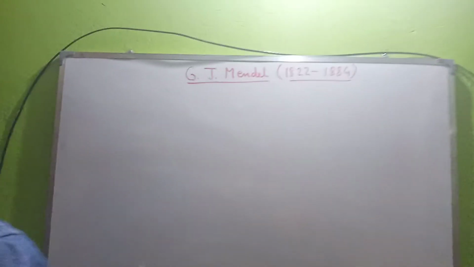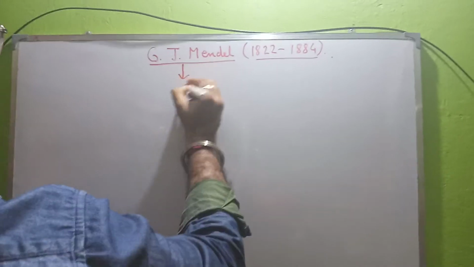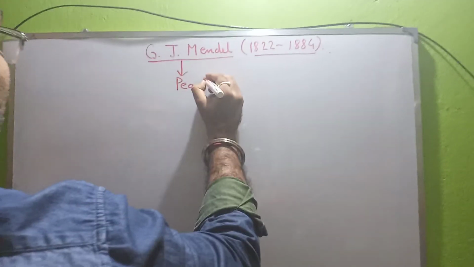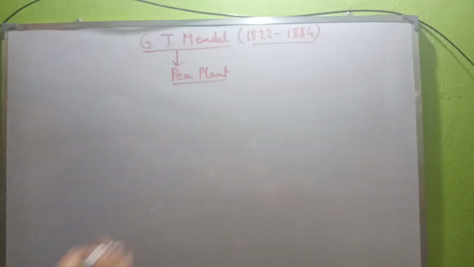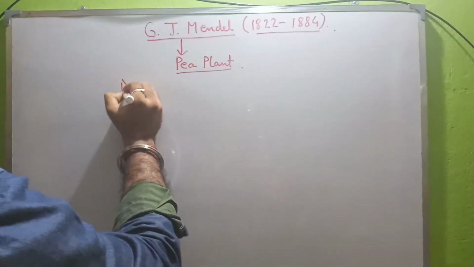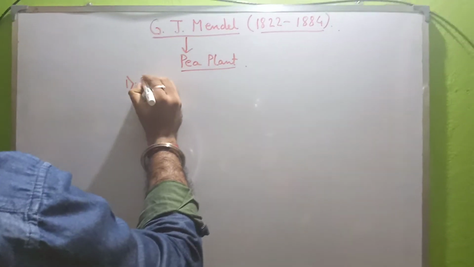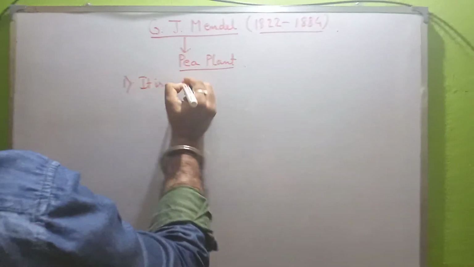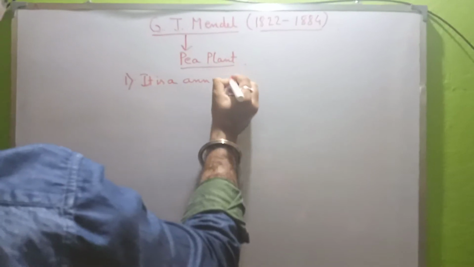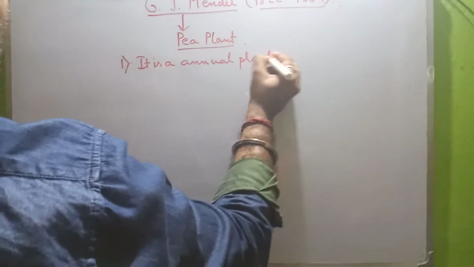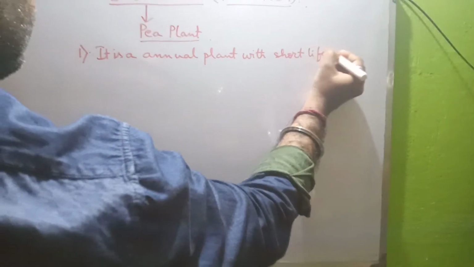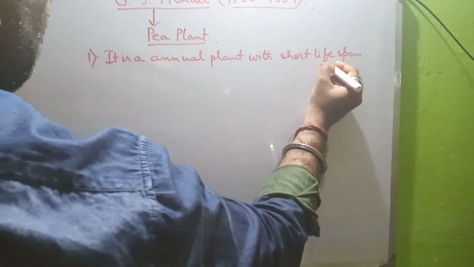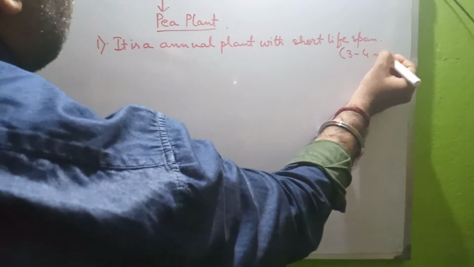As you all know, Gregor Johann Mendel worked his experiment on the pea plant, or the garden pea plant. Now why did he take the pea plant for his experimental purpose? Number one, as we all know, it is an annual plant with a short lifespan, that is of 3 to 4 months.